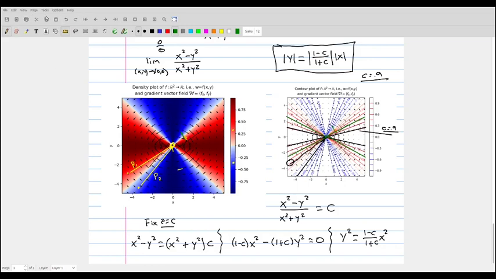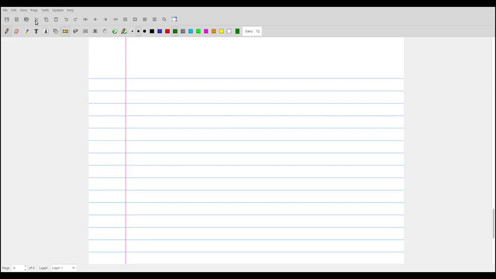For instance, let's do another limit as we go to the origin.